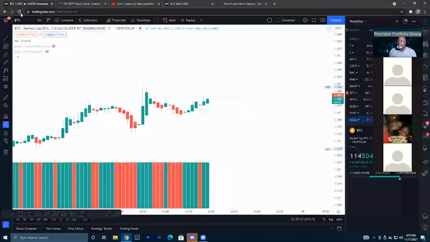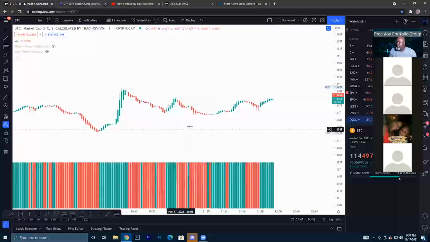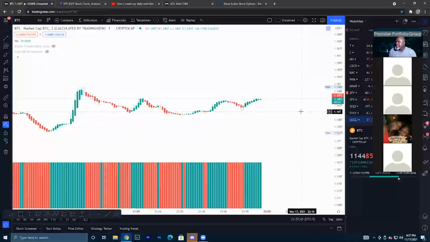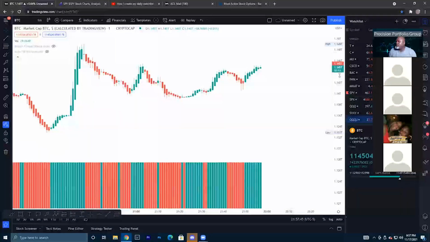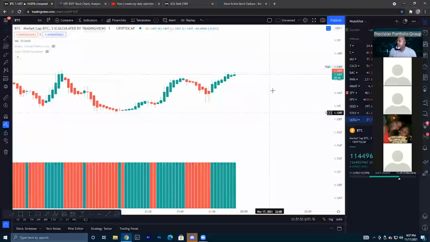You can see the price action. Let me go to the minute time frame. There's a countdown, and in 14 seconds you're going to see the next candlestick. I want to show you what I'm talking about. So right here, in 3 seconds, the next candlestick would appear.